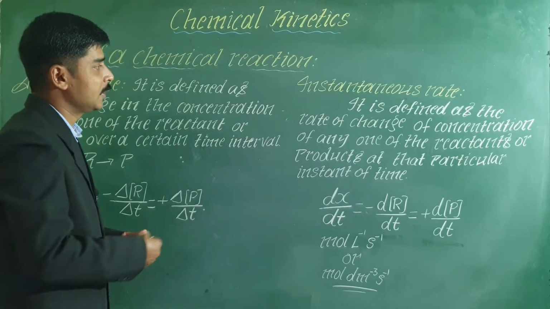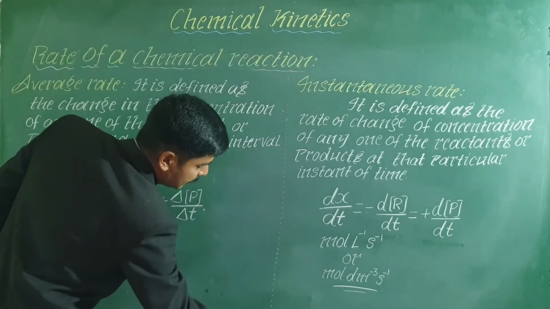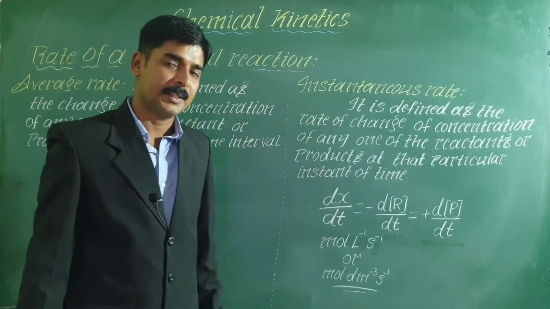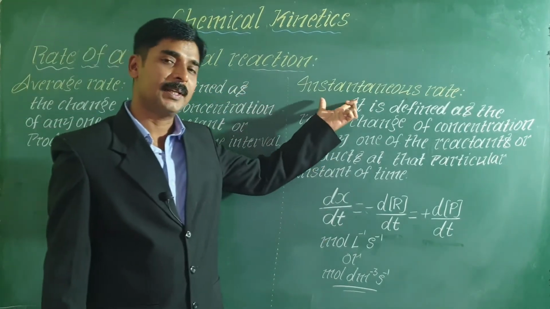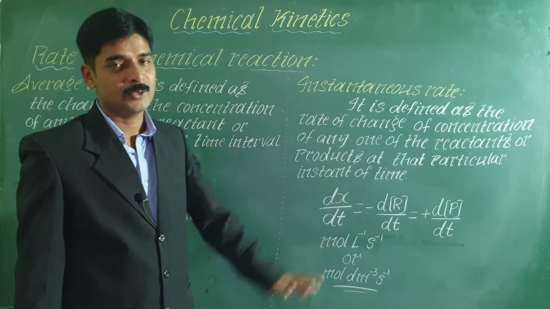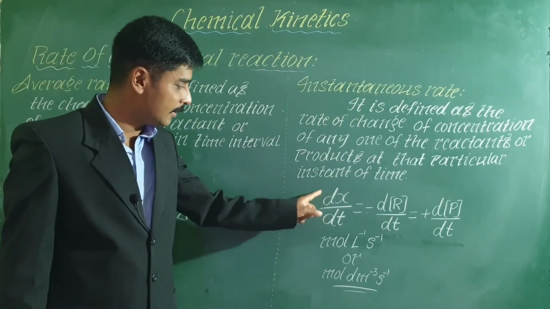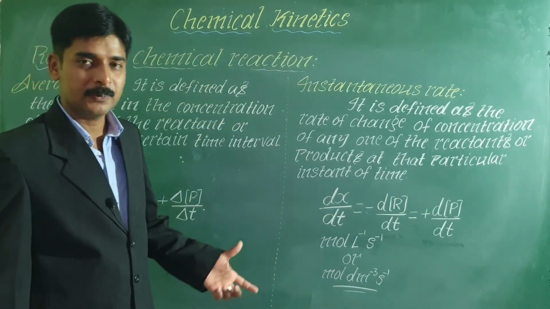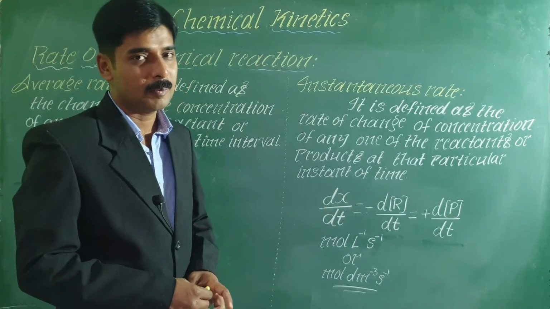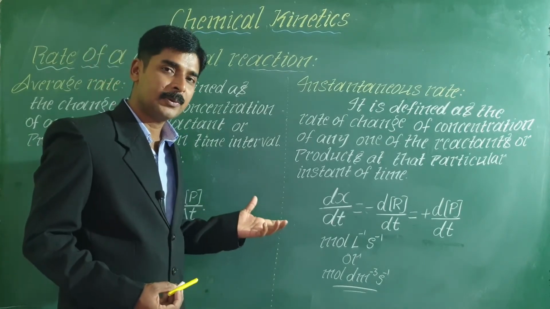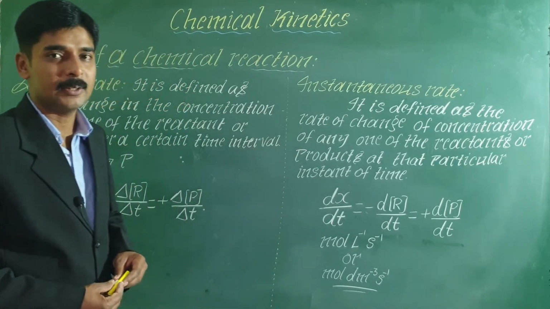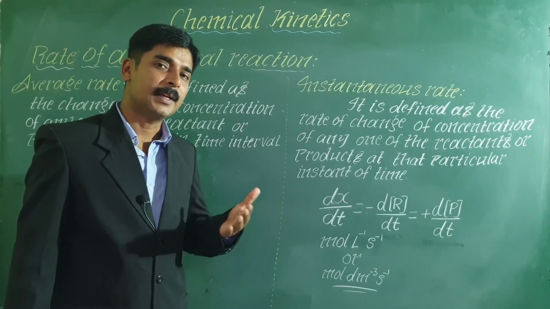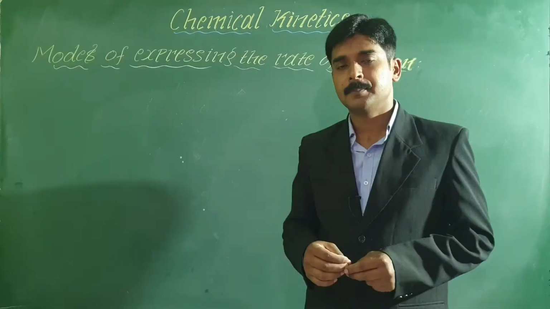Hope you understood the difference between the average rate and instantaneous rate. And remember, instantaneous rate gives you the actual rate of the reaction, and this is how we represent the instantaneous rate of a reaction with respect to reactant or product. Is this point clear to you? Yes. Next, we will talk about the modes of expressing the rate of the reaction.